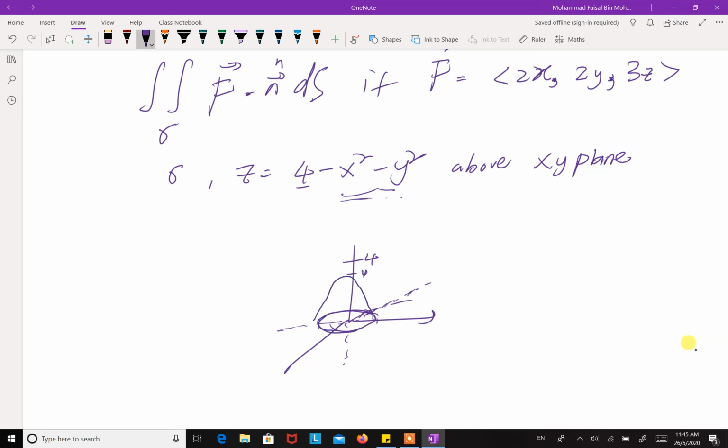We get the paraboloid. Okay, so I know that the surface is outside.